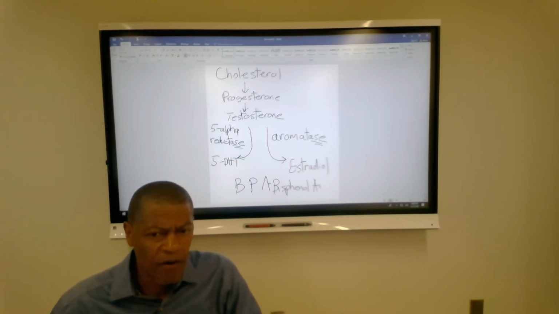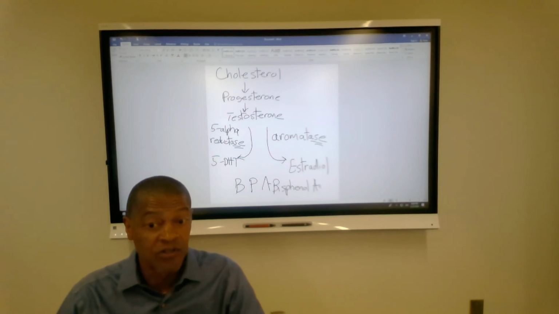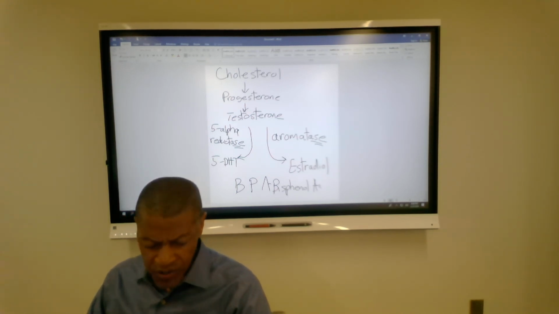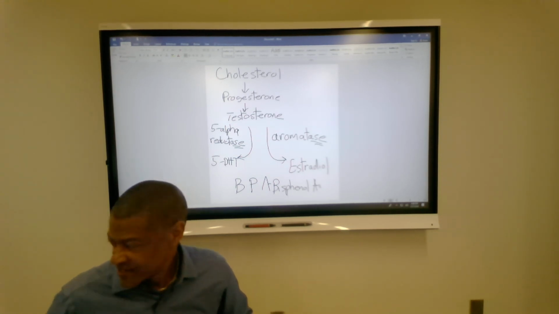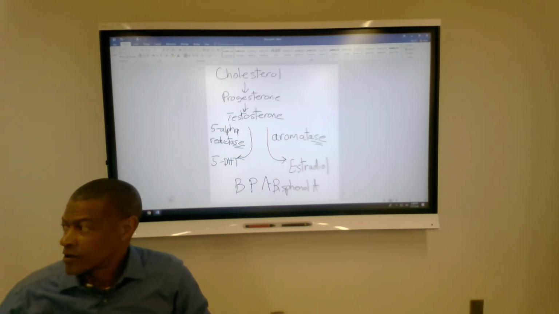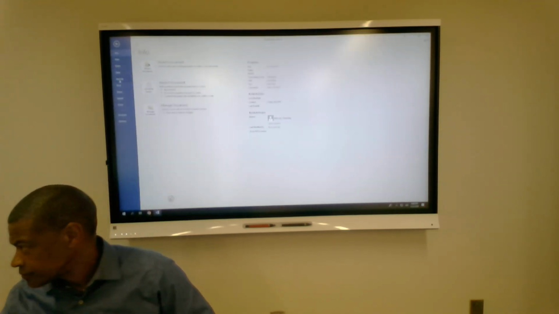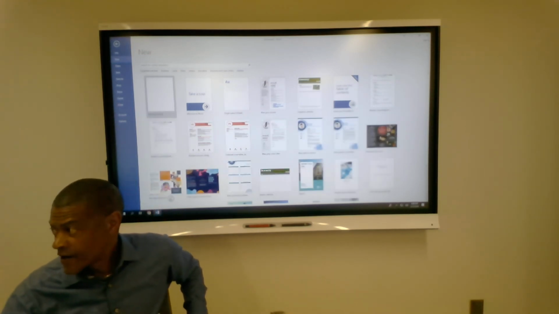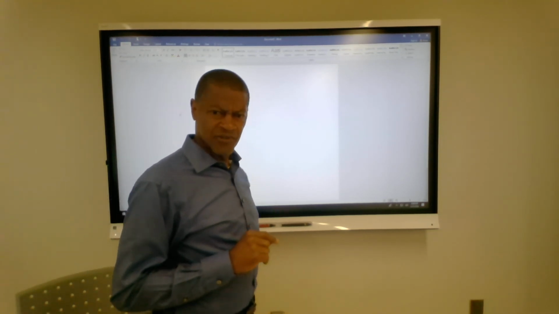Another chemical to think about that can have an impact on your system without you thinking about it is soy products. Why soy products? Because they are considered to be phytoestrogens. Let me draw that real quick in case you don't know what that term means. Phytoestrogens, plant-based estrogens.